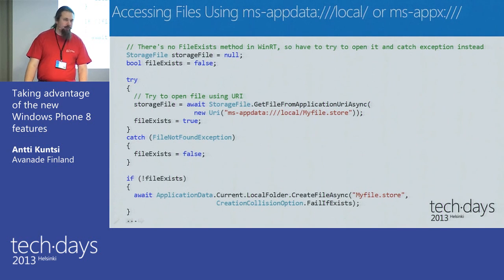This is a sample on how to do a certain operation that still doesn't exist in Windows Phone 8, so file exists. If you try to access a file that doesn't exist, it throws an exception. So there is no specific function to check explicitly if a file is there or not.